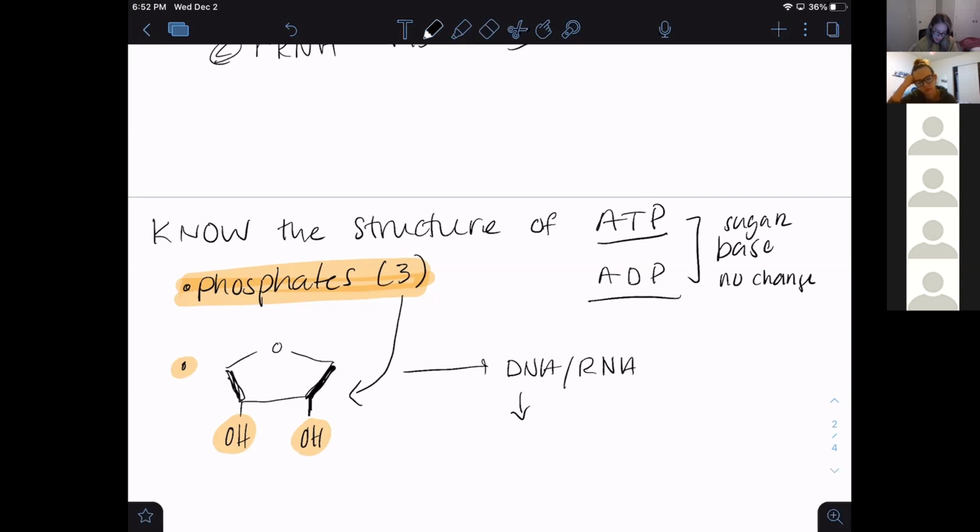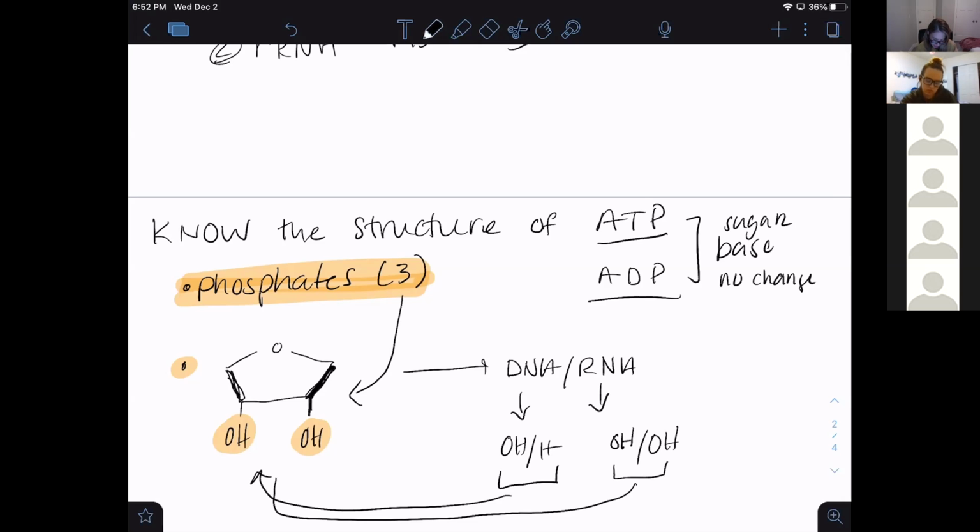So this will have OH, and this deoxy has OH and H because it's deoxy, and this is OH, OH. So deoxyribose sugar will just have these here, whereas this will be here. Does that help you?